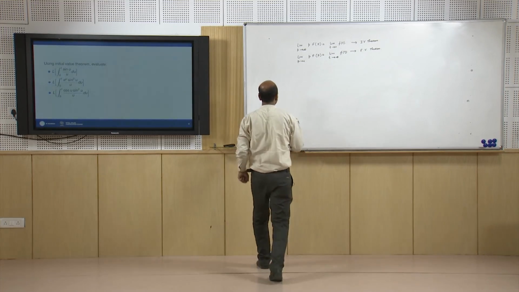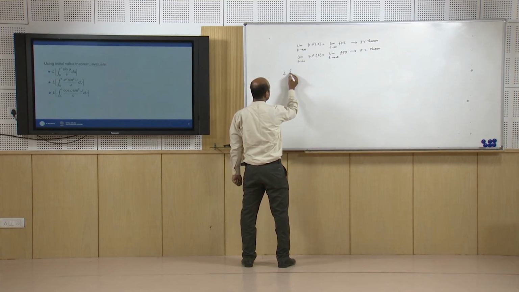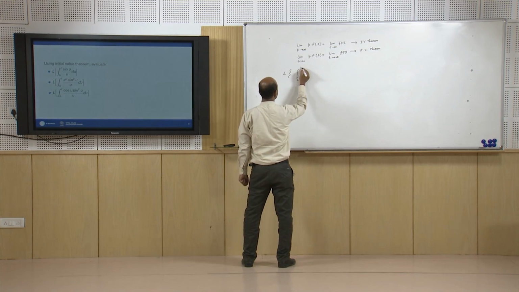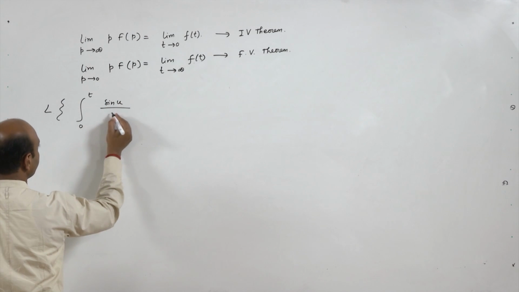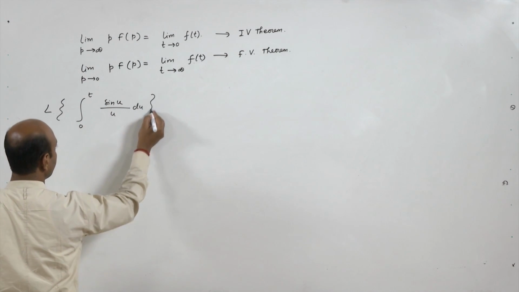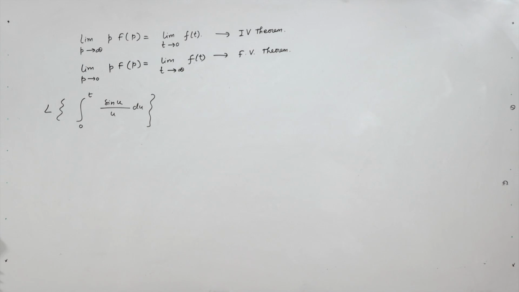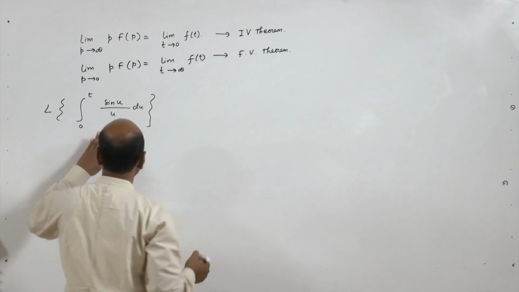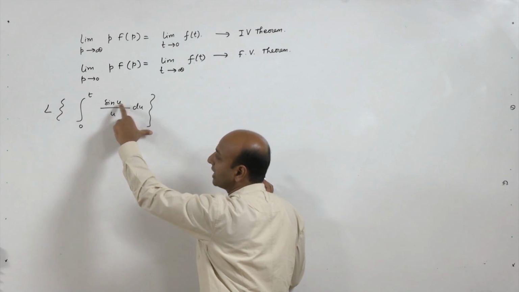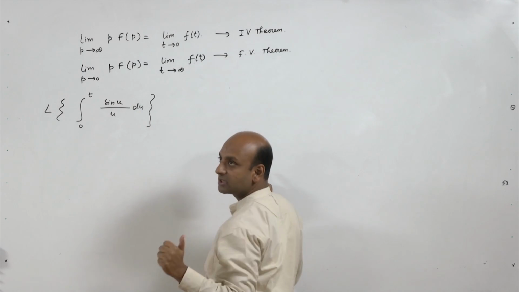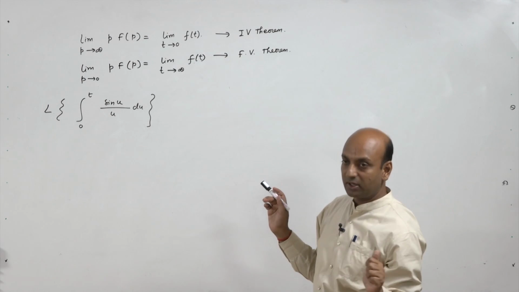So how to find the Laplace transform of this function, integral 0 to t of sin u upon u du? We already saw how to find the Laplace of this. We first find the Laplace of sin t, which is 1 upon p square plus 1.